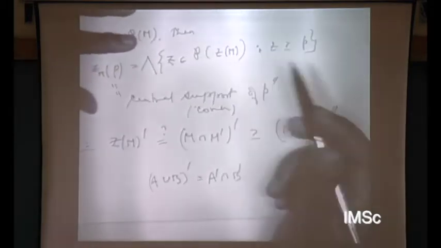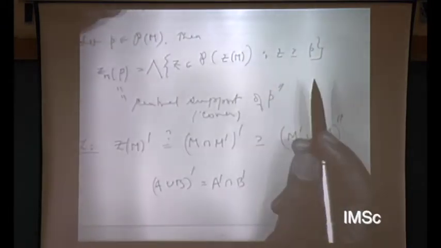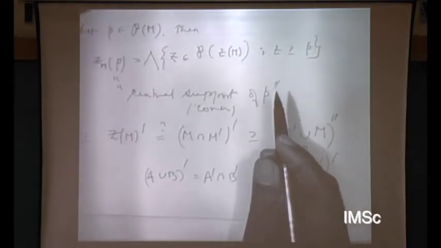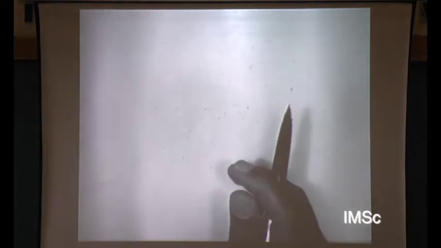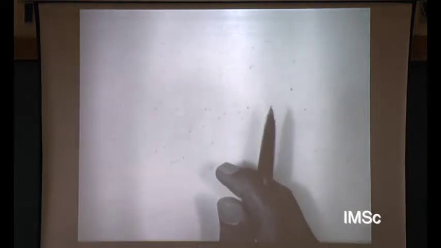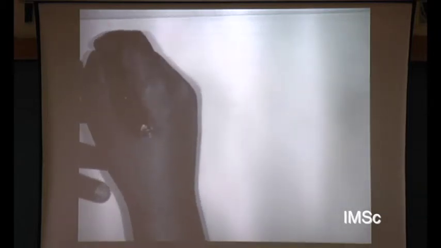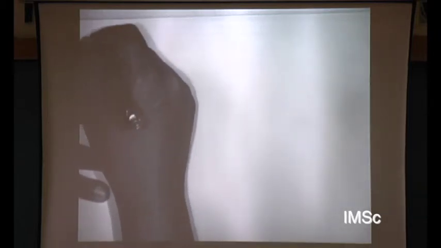I am not saying this is the most efficient manner. So I want to state the proposition.